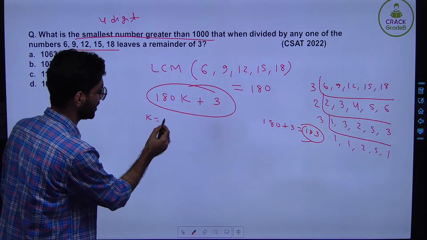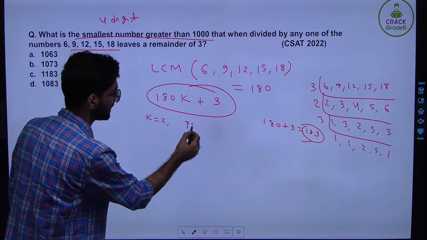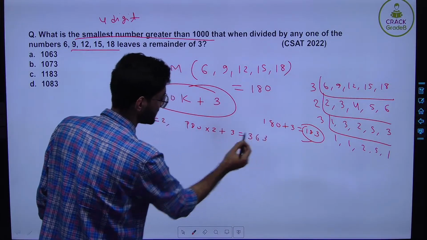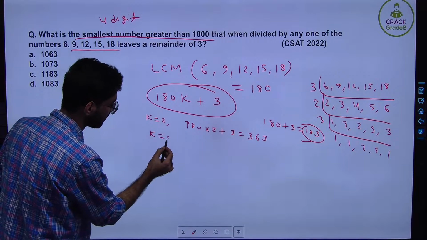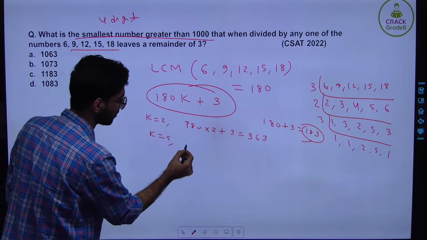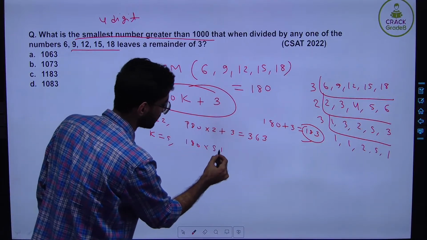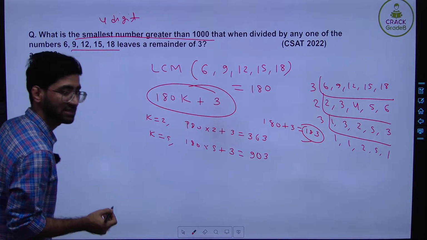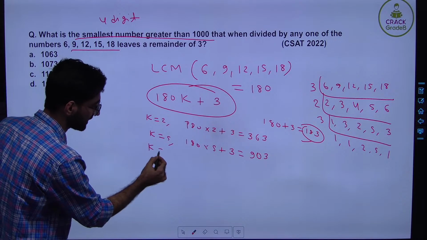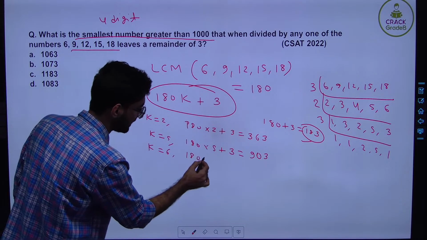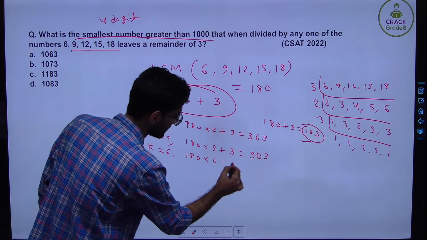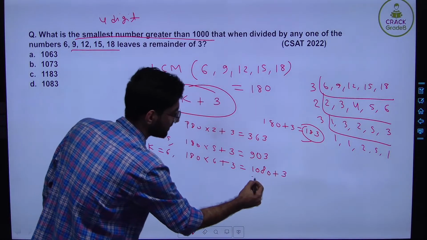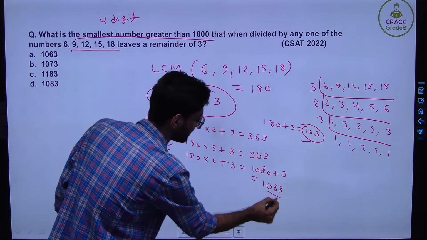If you put k equal to 2, you will get 180 into 2 plus 3, that is 363. Similarly, if you put k equal to 5, you will get 180 into 5 plus 3, that is 903. If you put k equal to 6, 180 into 6 plus 3 is 1080 plus 3, which means 1083 will be the answer.